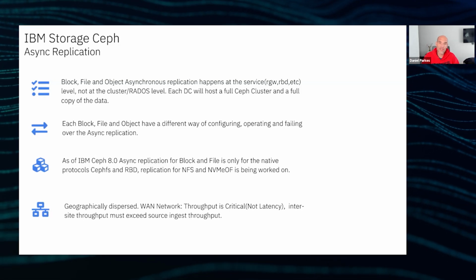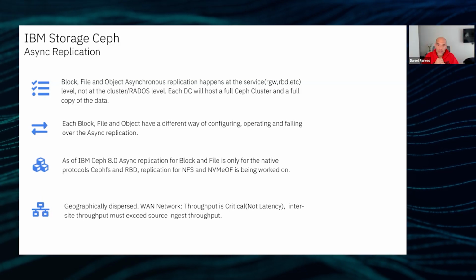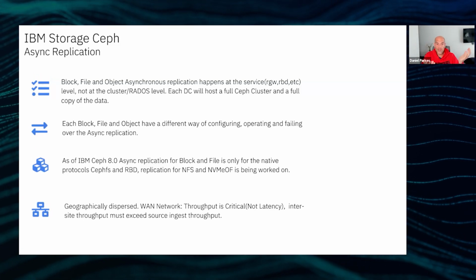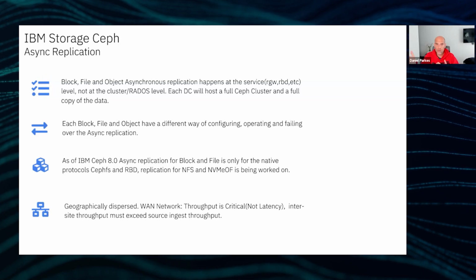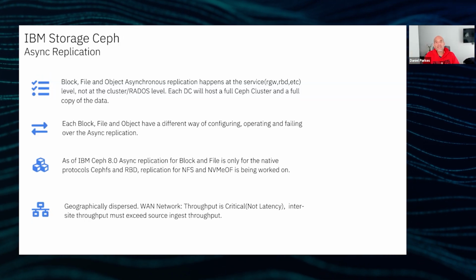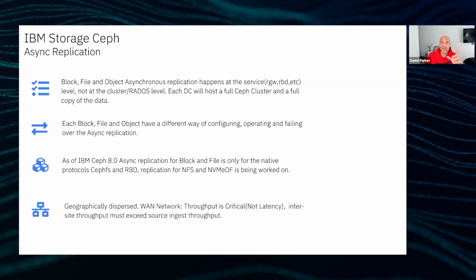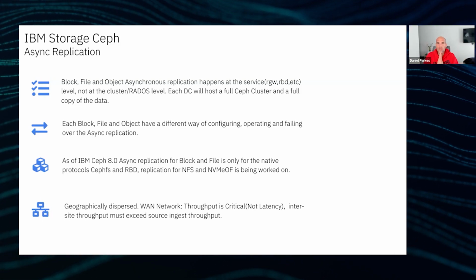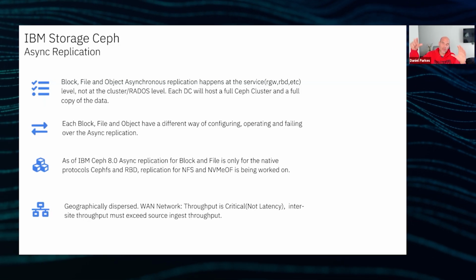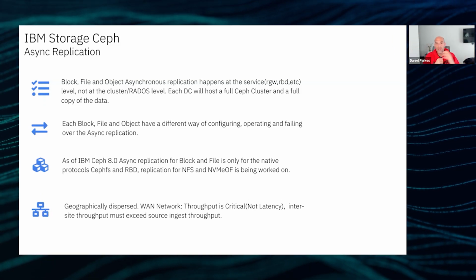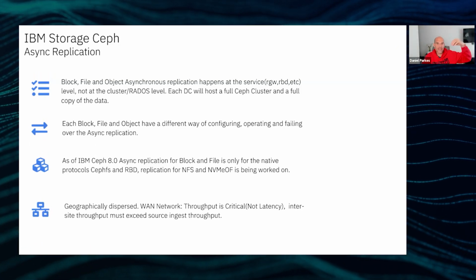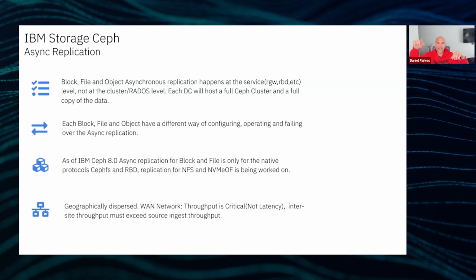As we mentioned, it is asynchronous, so latency is really not an issue. It can be geographically dispersed. It can go through a WAN. And the most important factor related to the network here, if you think about it, is really throughput, no? Because with the throughput that you have between your different data centers, you need to be able to ingest all of the data the clients are ingesting, but then also replicate it in time, no?